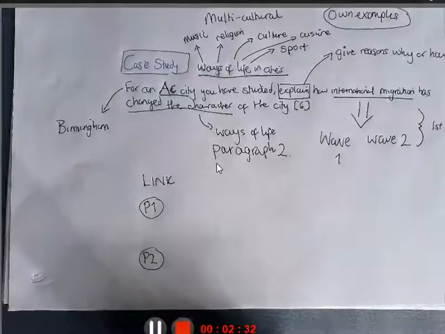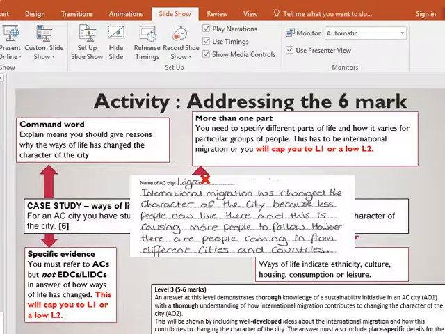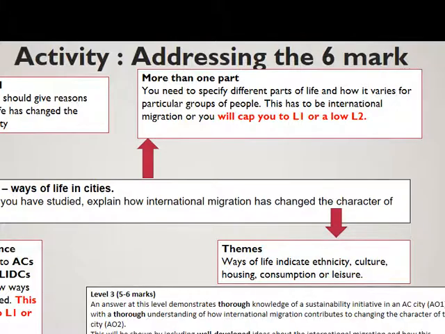Before you move on to this, you may want to consider looking at the way that I've structured it on the board. I've broken down that question for you into where you would cap yourselves, and in this you look at international migration, otherwise you will be capped.